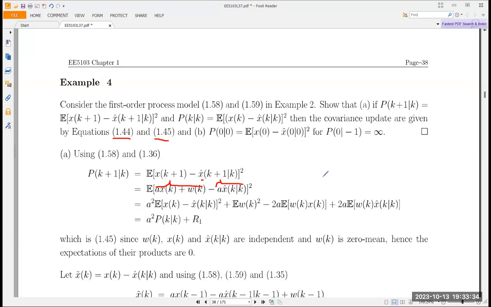You have to look at the equation; I already helped you. Equation 58, 36 will help you replace this by this and this by this. Then after that is a square, so like before you multiply things out, and you will get this.